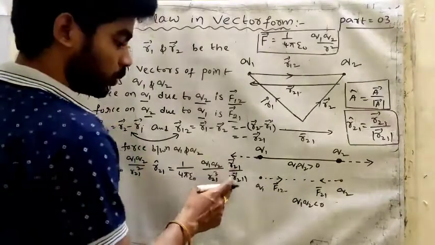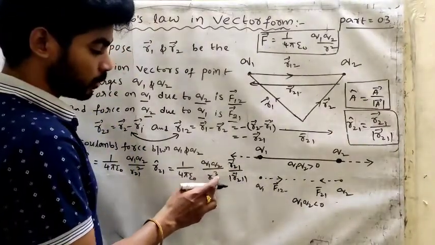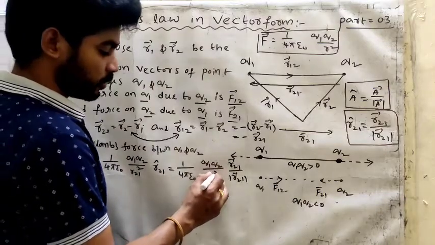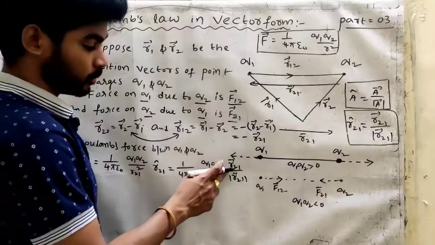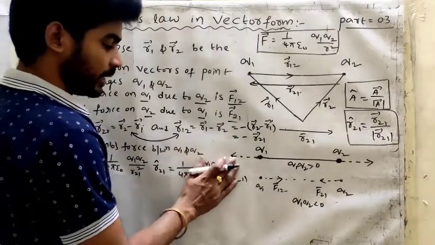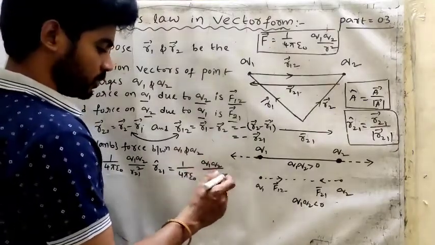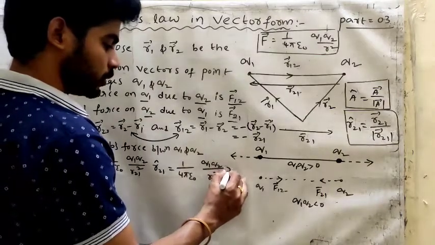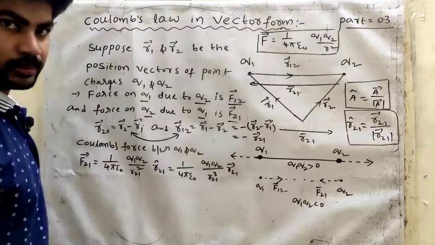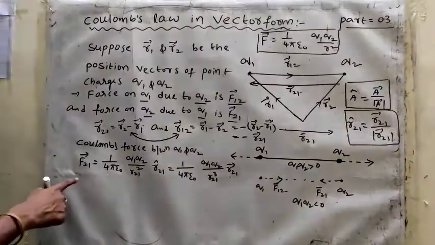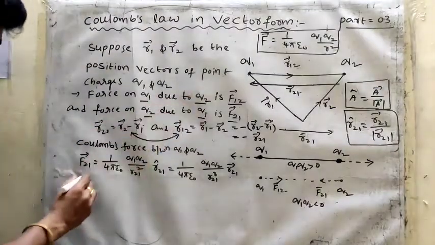Okay, so r21 whole cube, actually this is square normal, so r21 into r21 square, r21 whole cube into r21. So we can write like this now. So simply this is r21 whole cube, this is r21 bar. Okay, clear now.